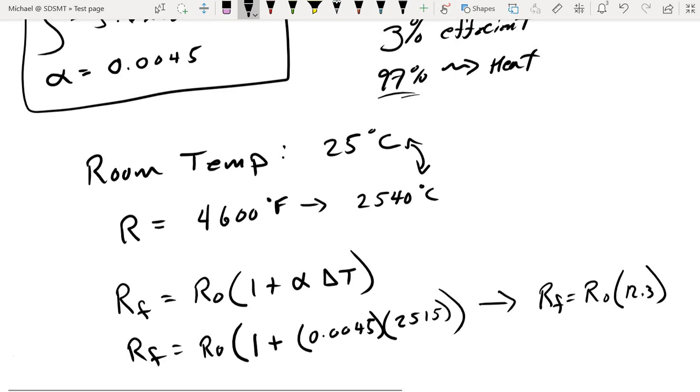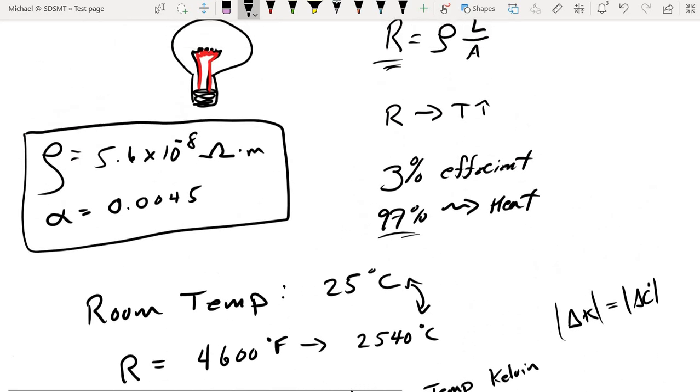Now right here it is important to realize that these temperature scales are technically Kelvin, but the difference in the Kelvin scale is the same magnitude as unit difference on Celsius.